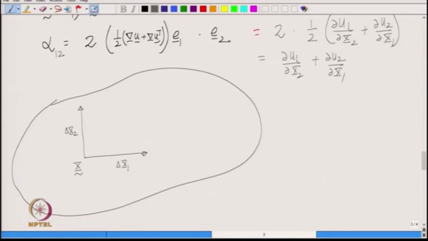After deformation the 3 points here will move. So, this point goes here, this point comes here, and this point comes here.